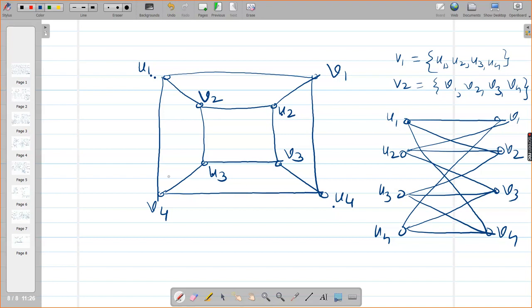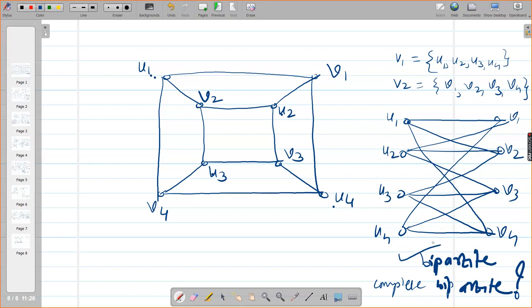So what can you say about this graph? Is this graph a complete bipartite? Is it a complete bipartite? It is a bipartite graph. Is it a complete bipartite?